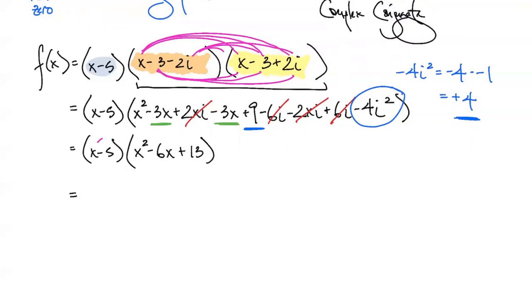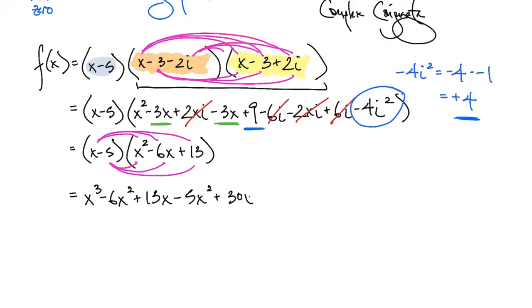We're going to distribute the x to the x squared, negative 6x and 13, and then the negative 5 to all three terms as well. So we get x cubed minus 6x squared plus 13x minus 5x squared plus 30x minus, let's see, 5 times 13 is 65. We go through, we combine.